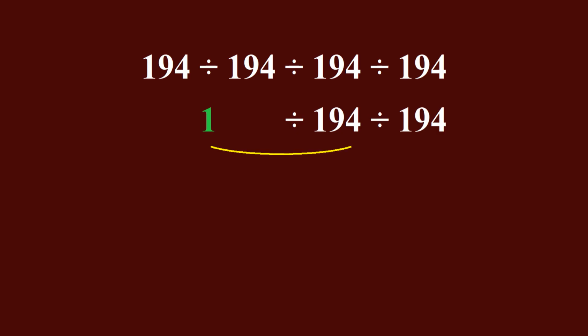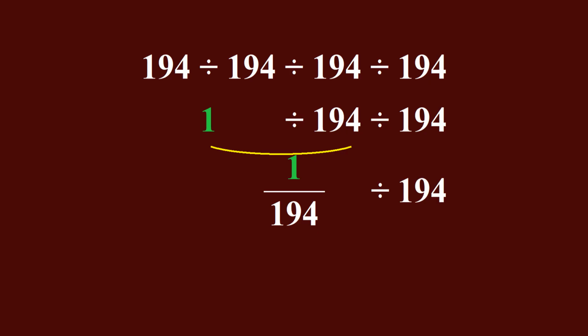So we have first this division, 194 divided by 194 equals 1. So we have 1 divided by 194 divided by 194, and we can write this part as 1 over 194 divided by 194.